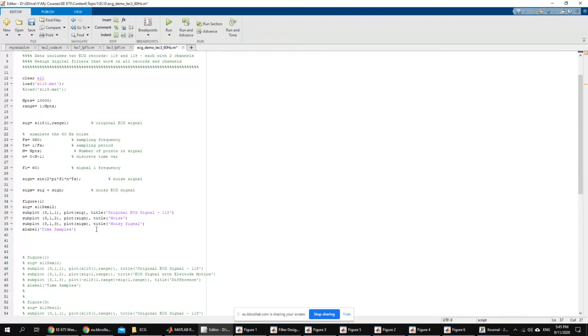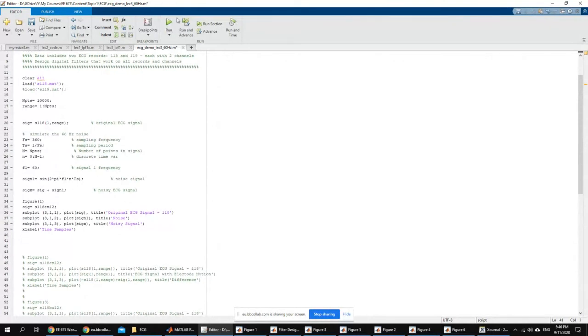Sig N. Actually, sometimes with sig N, I'm not sure if it's a reserved word because it looks like sign. Sometimes this causes problems with Matlab, so I just call it sig N1. I should just avoid any conflict with a keyword.